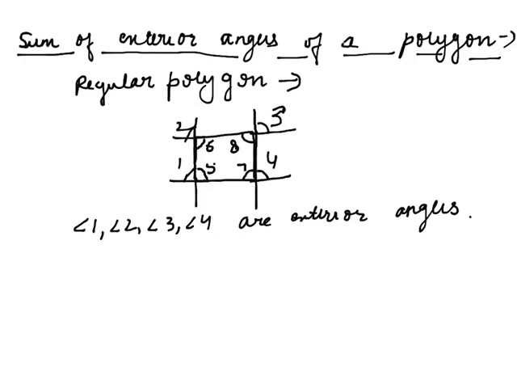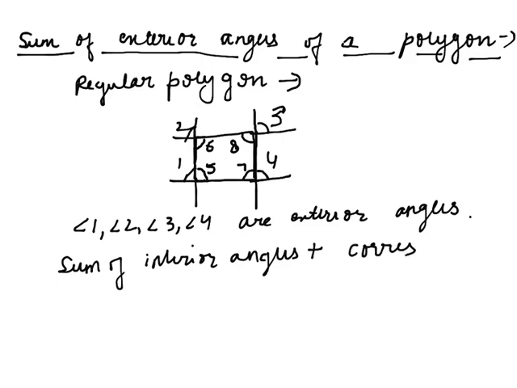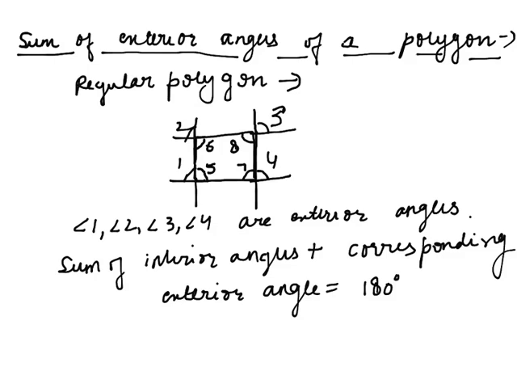Now we can see angle 1 and angle 5 are on the same straight line, and angle 4 and angle 7 are on the same straight line. So we can say the sum of an interior angle and its corresponding exterior angle is always 180 degrees, as they lie on the same straight line.